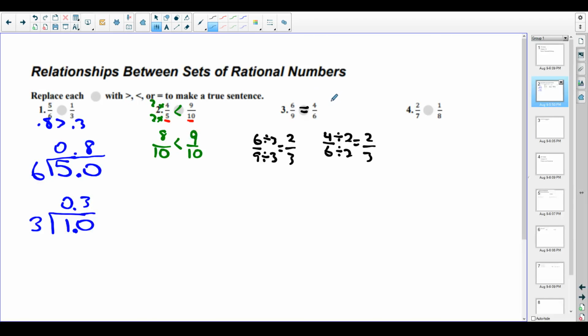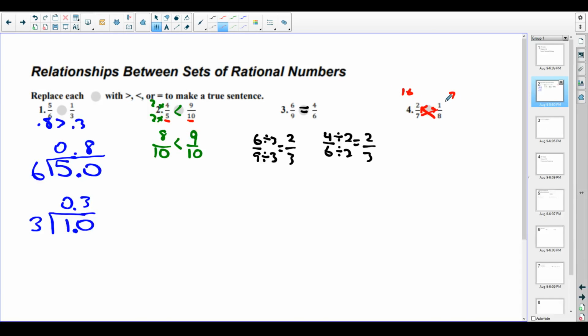And let's see. The last way we could do this, which I only recommend to people who are good at the previous ways, is we can use this method of cross multiplication. And say 7 times 1 is 7, and 8 times 2 is 16. Okay?